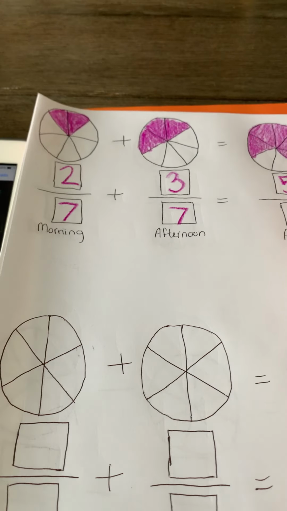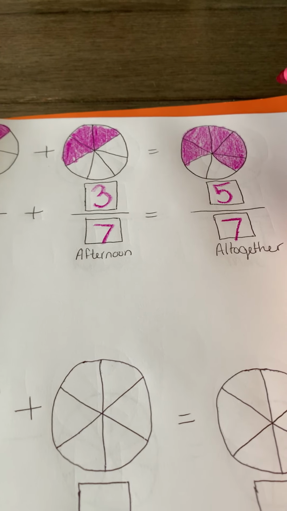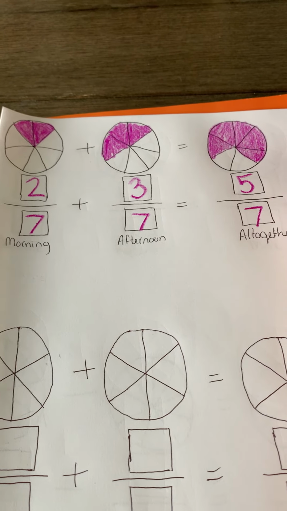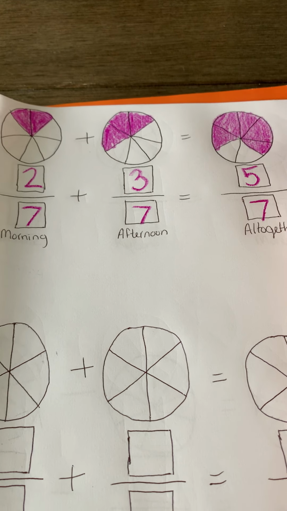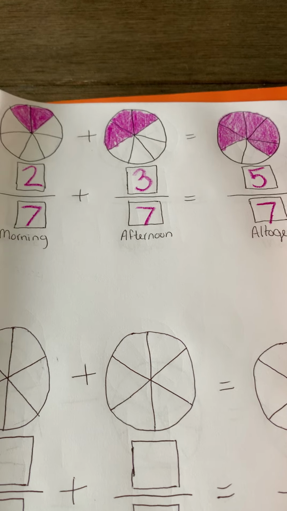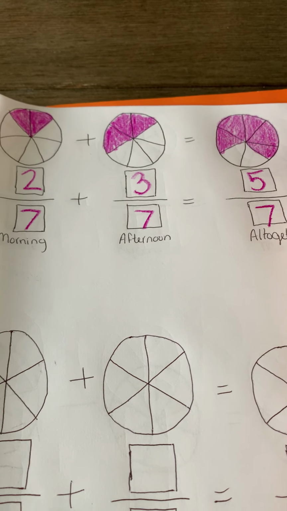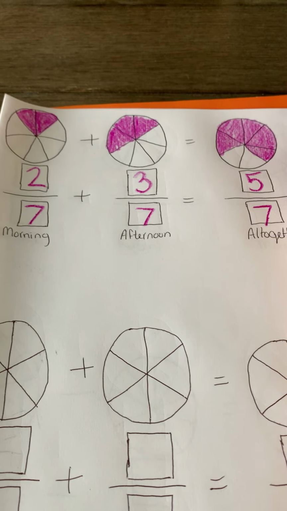Okay, so now we just added that fraction. And that's what the top problem should look like. So out of the envelopes altogether, they handed out 5 out of the 7 envelopes that they had.